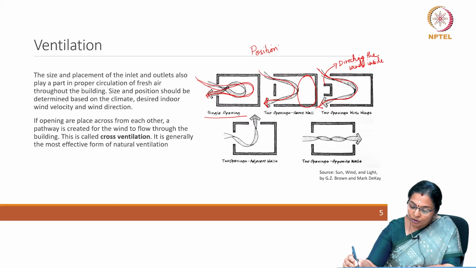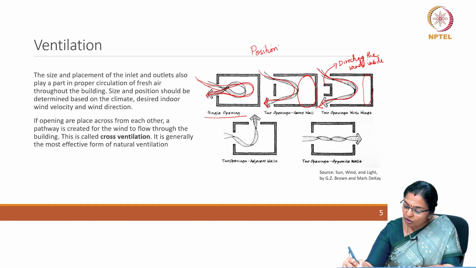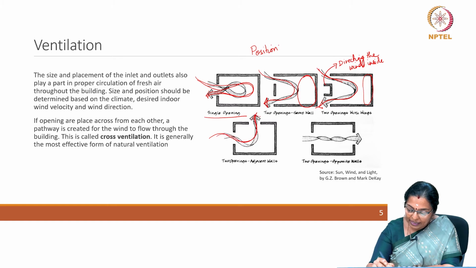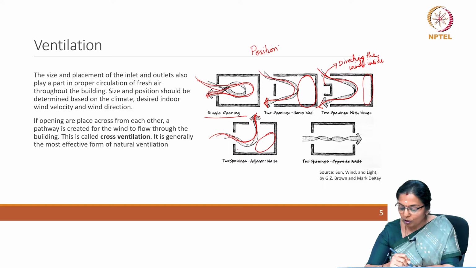Again you have an issue of having a small dead space, where people will not be able to feel the wind movement. And if you have it on either sides of the room, then wind movement can happen in a much better way, again leaving a small void.